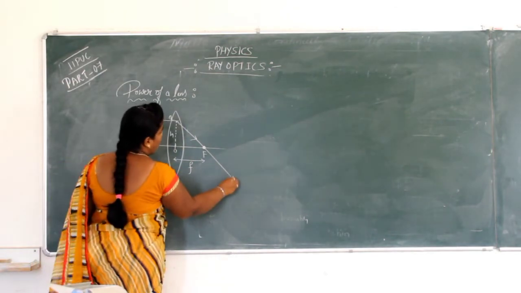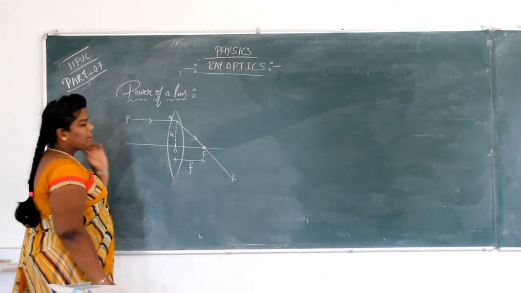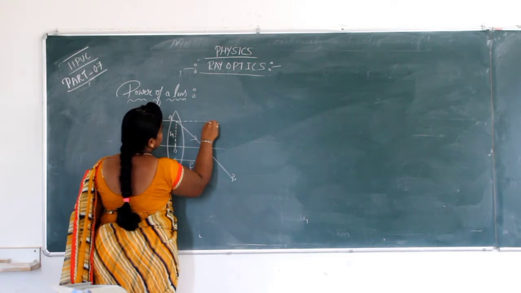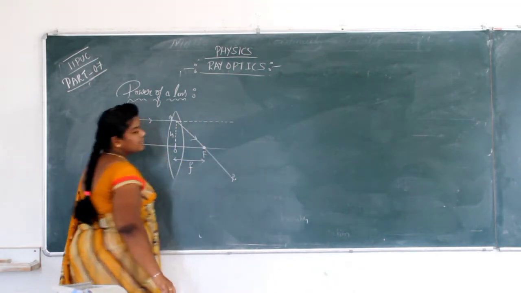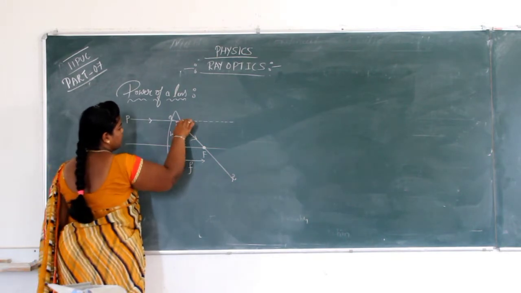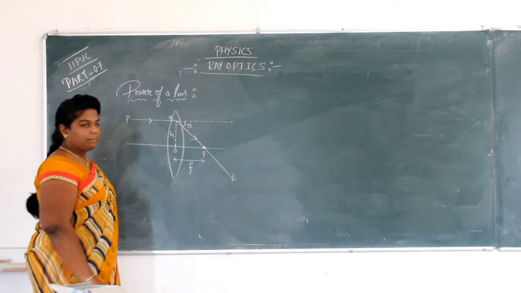Then Q is said to be the refracted ray. My dear students, you can observe it carefully. If I extend this incident ray PQ, the angle between the refracted ray and the direction of the incident ray is theta.